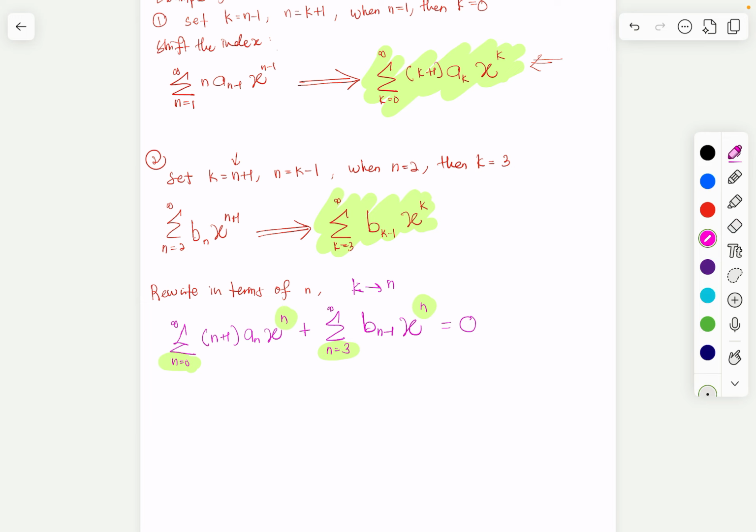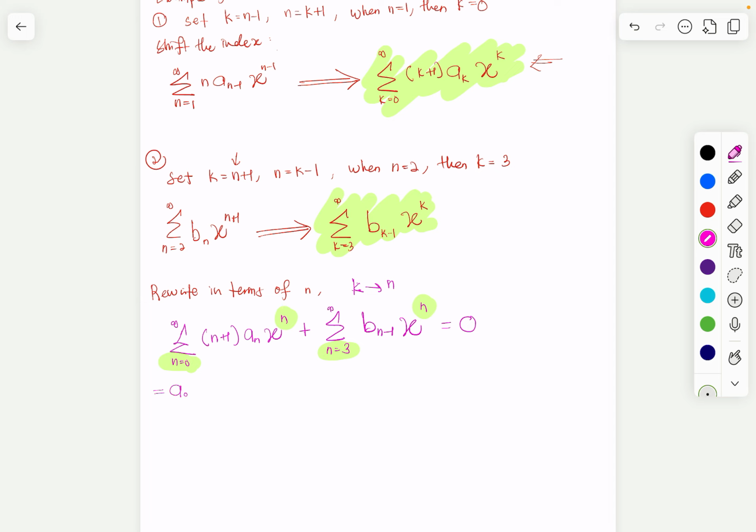When n is 0, you would get 0 plus 1 multiplied by a_0 x to the power of 0, which becomes a_0. When n equals 1, you would get 2a_1 x.